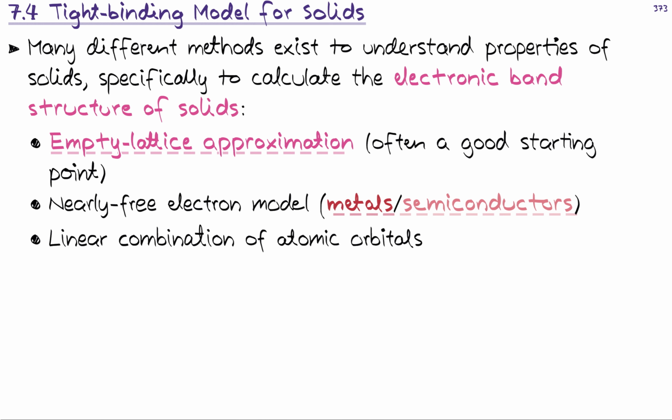So an often used approach is the so-called linear combination of atomic orbitals, LCAO. And this is very similar to what we will introduce next in the upcoming 2 lectures. As the name suggests, we're operating on atomic orbitals, orbitals that are very close to the orbitals that we would have for an atomic substance.